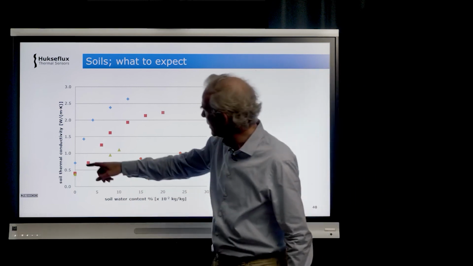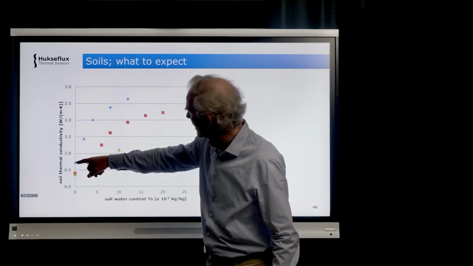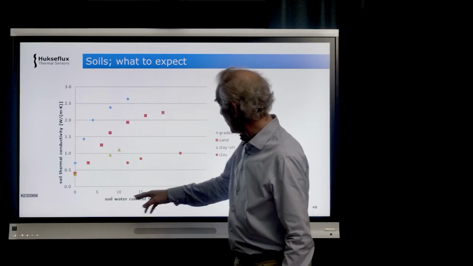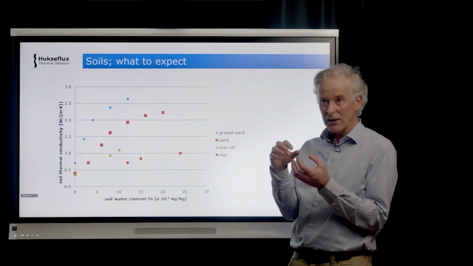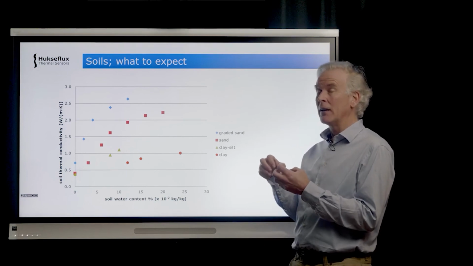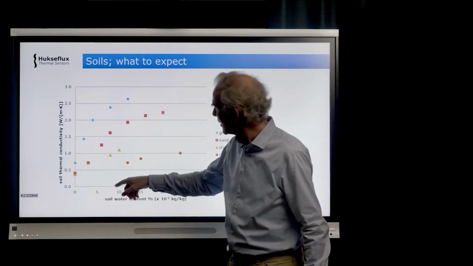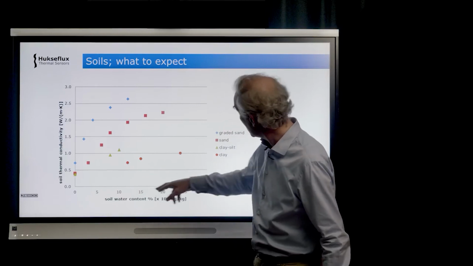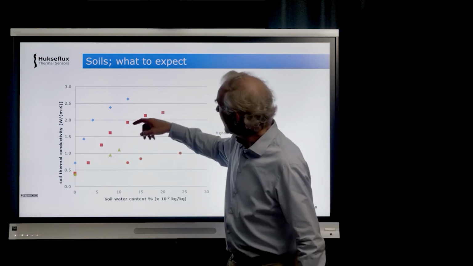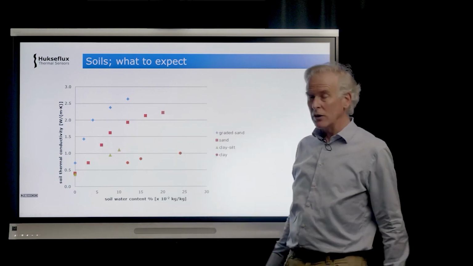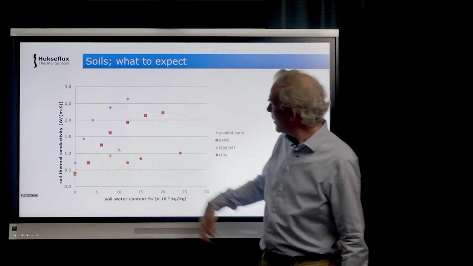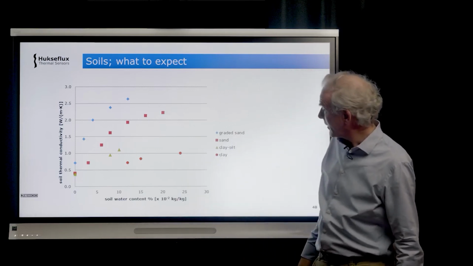So what you see there is that the maximum water content is lower because there's originally less space occupied by air, and also that means that the water content can never reach the same level as with the sand, which has the same particle size, but the fraction of soil particles is higher. So in the end, you reach a higher thermal conductivity already at a lower water content.